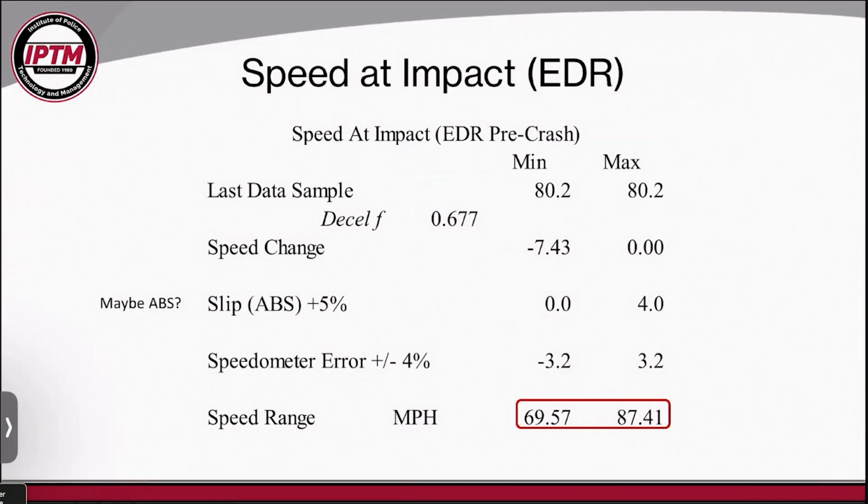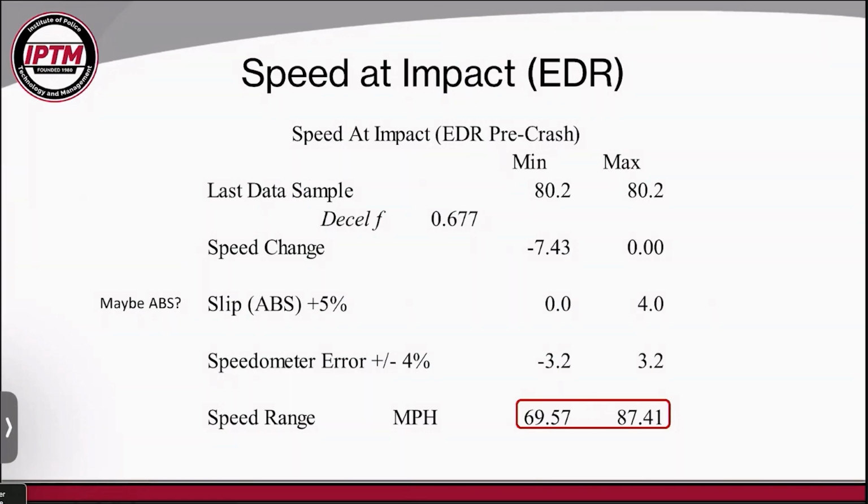For my min column, I said that ABS was not engaged and therefore no need to add it in. And on the max side, I said yes, ABS was engaged, and we added that 5% in. The 5% that we're talking about is 5% of that last data sample speed, the 80 miles per hour.